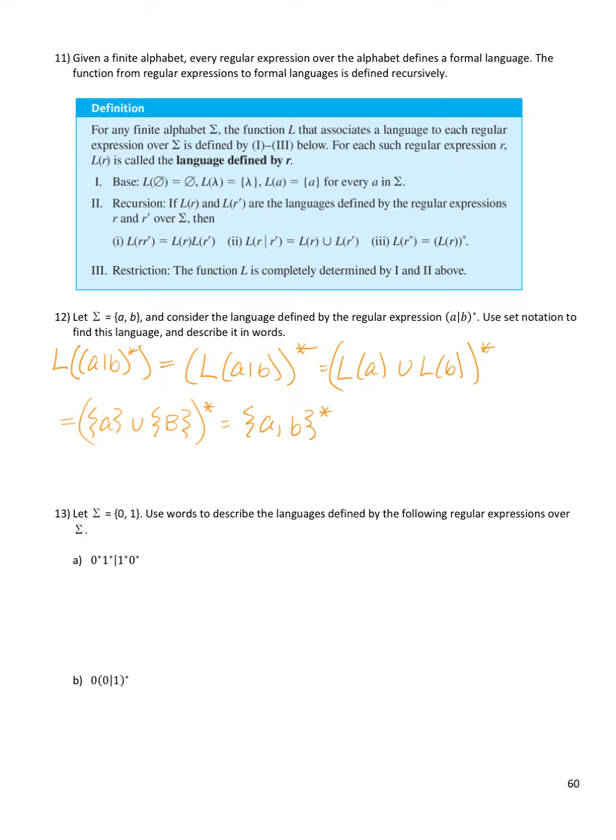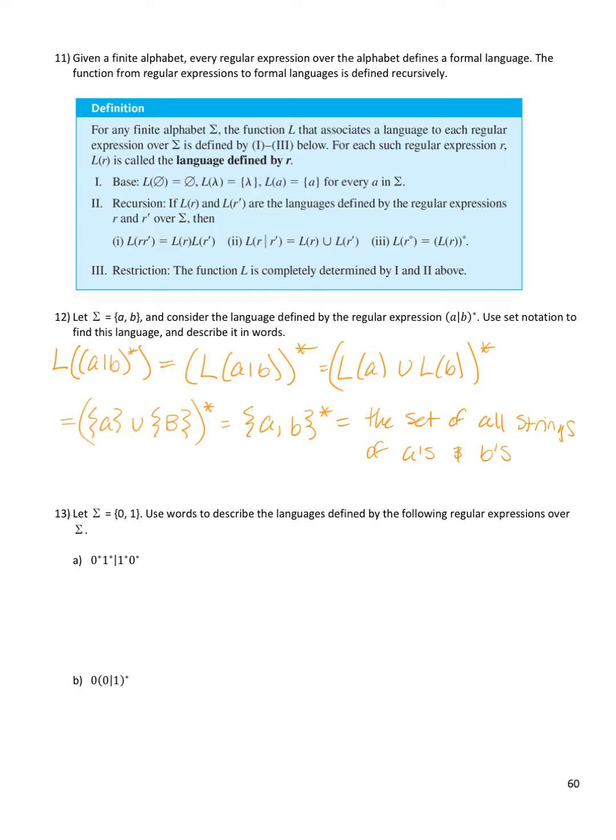And then remember that star, that closure, means the concatenation of any finite number of strings in the set. So the concatenation of any string made up of A's and B's. So I could write this in words as the set of all strings of A's and B's.